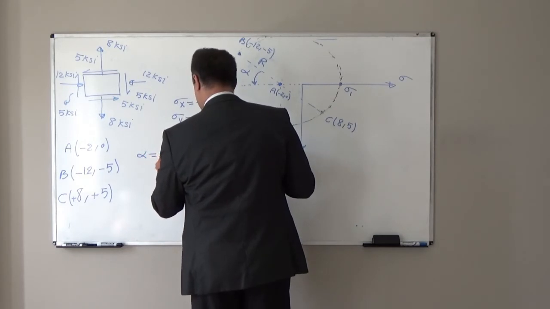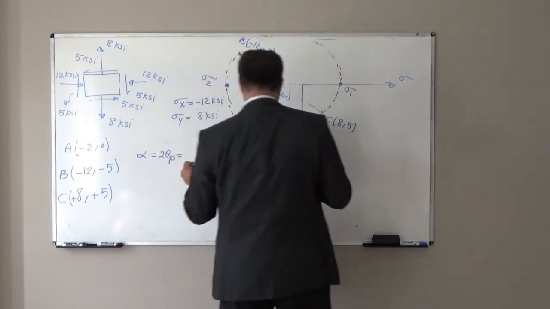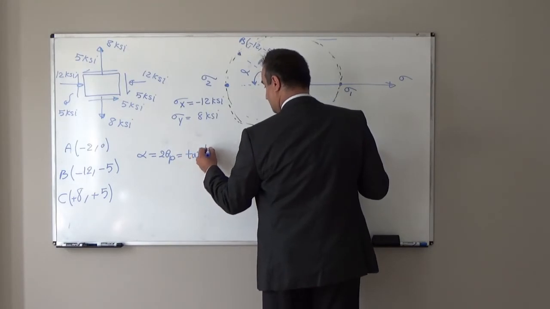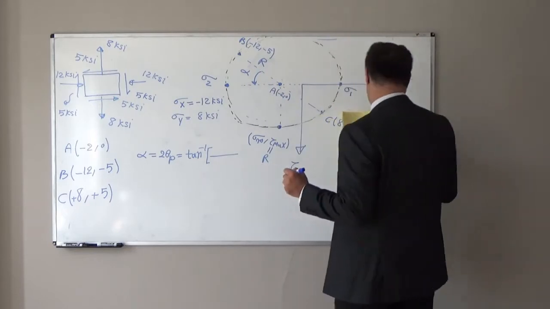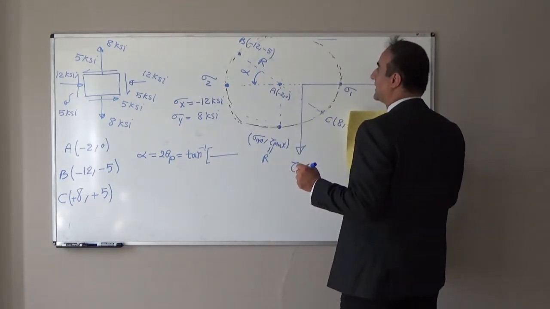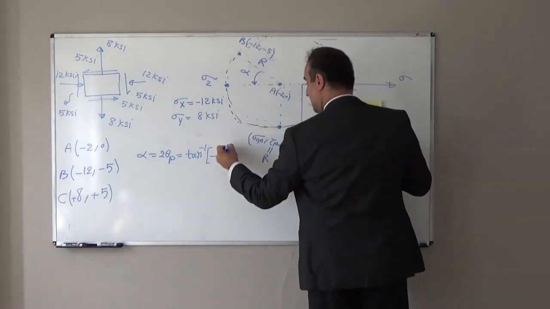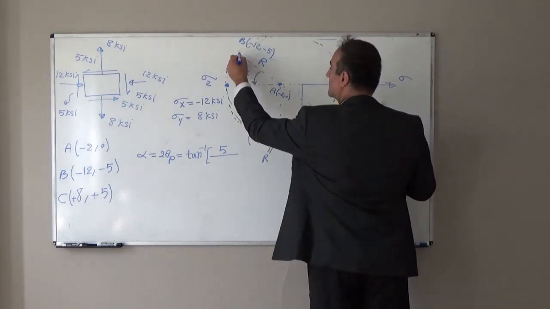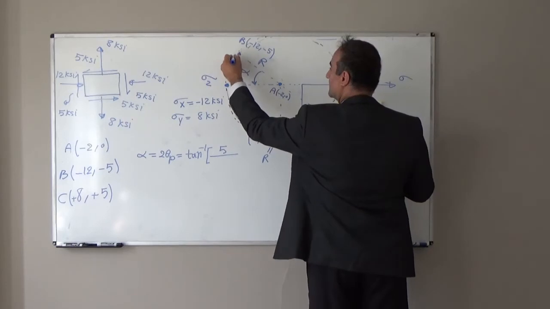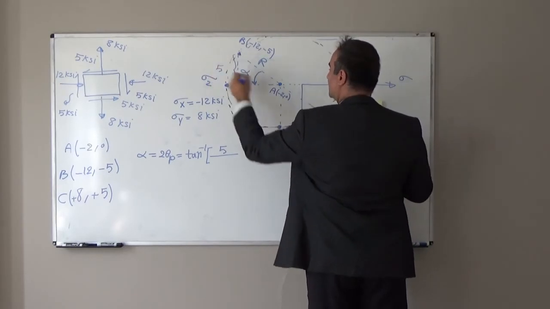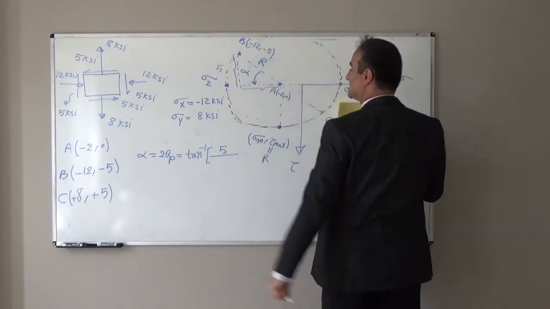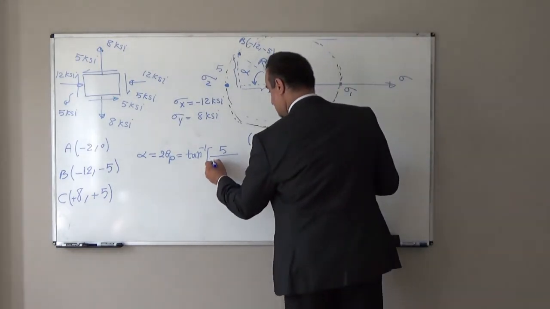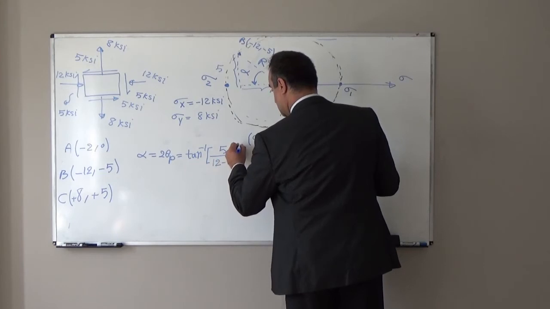theta P, it will be equal to the inverse tangent of tau xy for that point, which is 5, divided by, in this triangle, this height is 5, and this leg length is 12 minus 2.